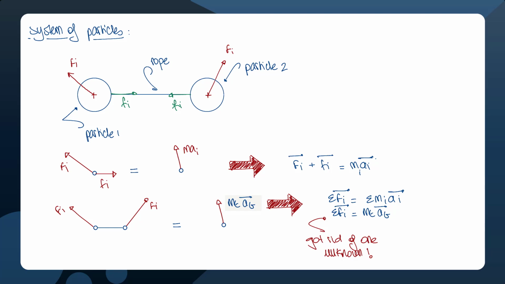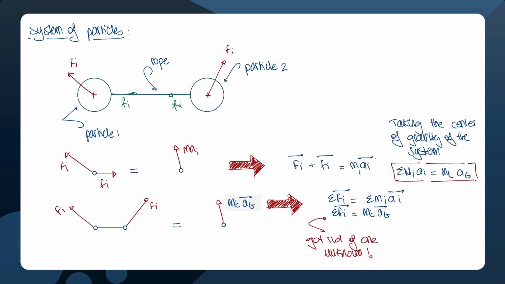And now if we take the center of gravity of the system, one can write that the summation of the mi ai components is equal to mt times ag. And so doing the replacement, we get the final equation for a system, which states that sigma Fi, the sum of the external forces, is equal to the total mass times the acceleration of the center of gravity.